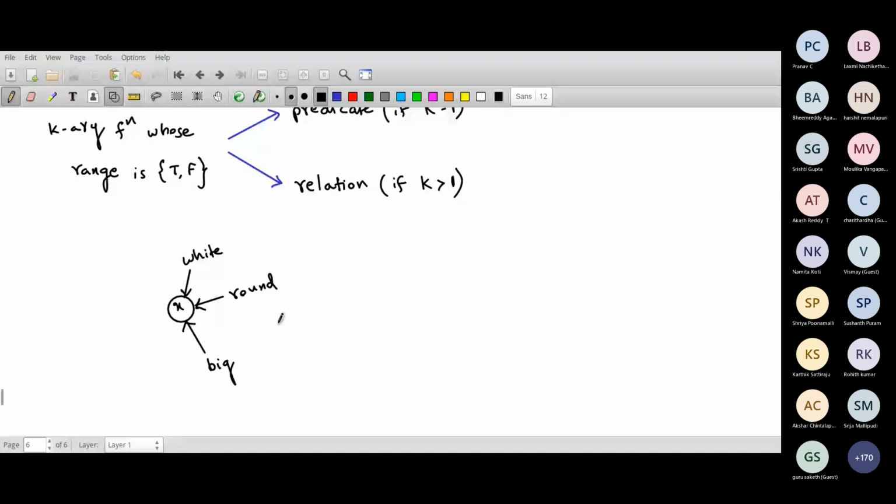So here in this case, all these attributes are attributes of one single object.